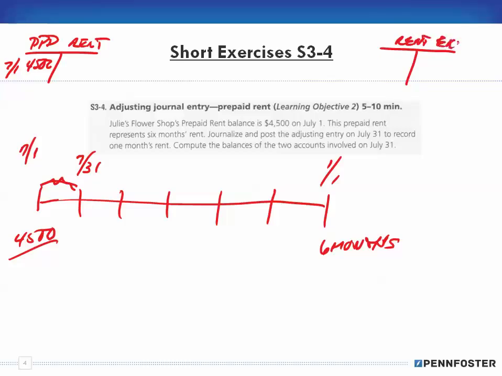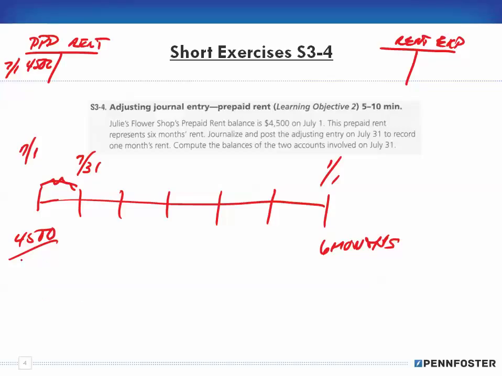Notice what I just did. I just thought about problem 3-3, in that I didn't think about whether this was an accrual or a deferral. I just know that when I have a prepaid rent and I use it up, that means I'm expensing the rent. I don't have to think about accrual, deferral. I just know the opposite side of the entry is going to be rent expense.